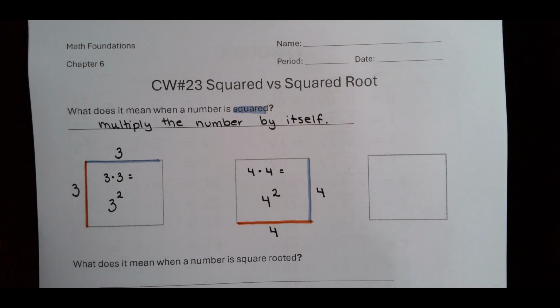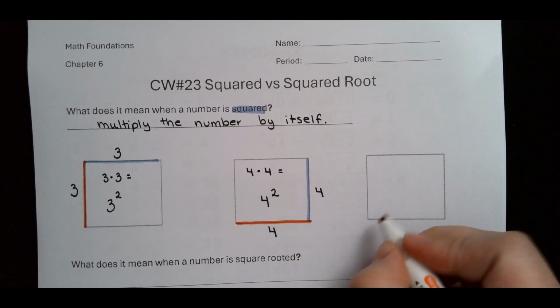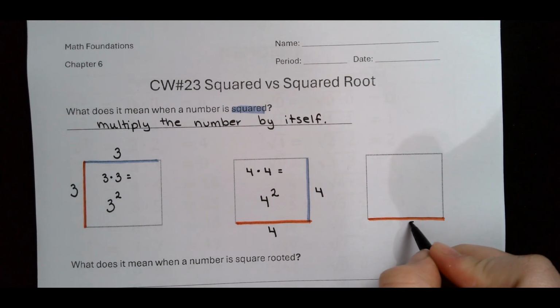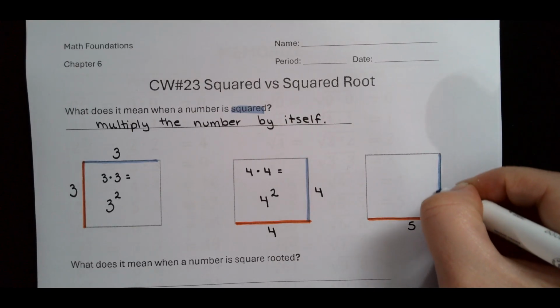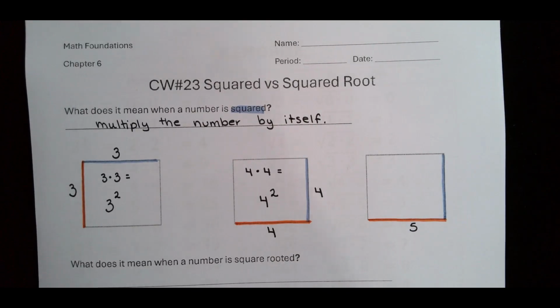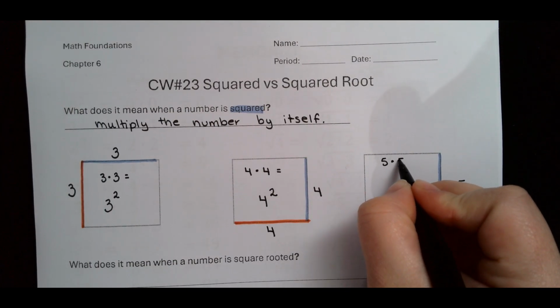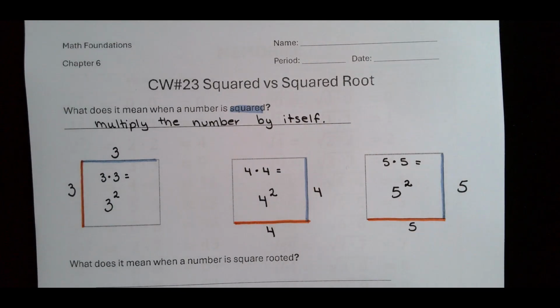Let's do one more, 5 and 5, with color coding. So 5 on this base and 5 on the side. That means we have 5 times 5, which is 5 squared.